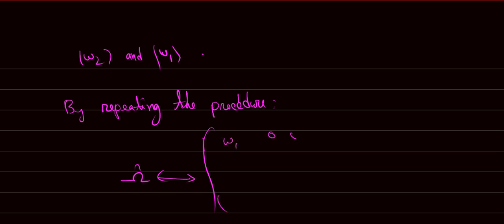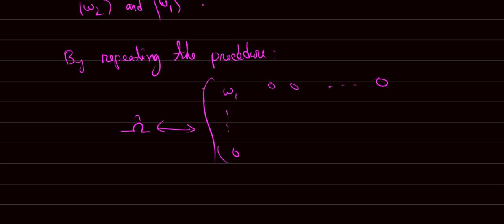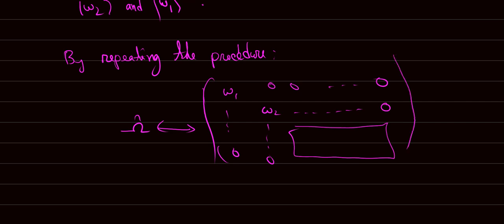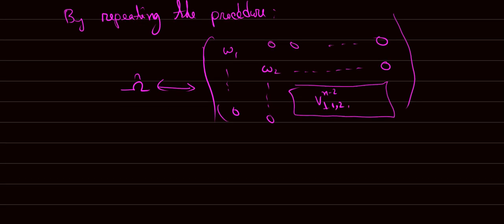The first one will be this, zero, and the subspace V n minus 2 orthogonal to 1 and 2. So by the same logic, again and again, if we follow the procedure, we will find our matrix looks like this.